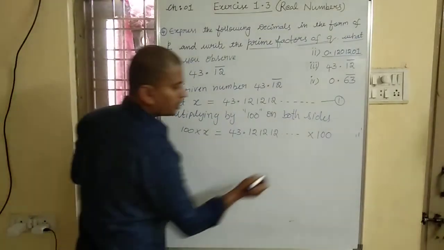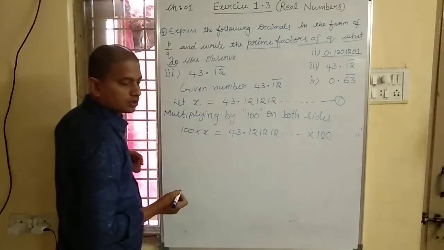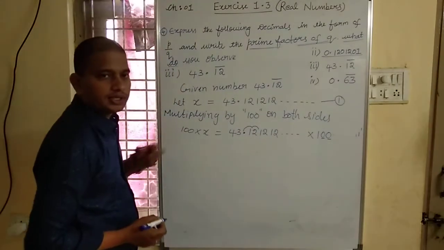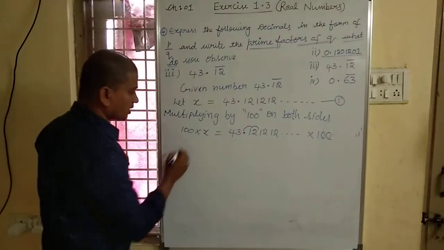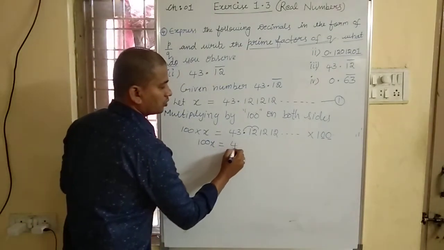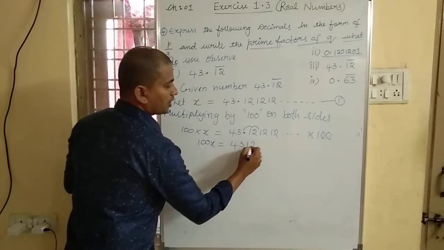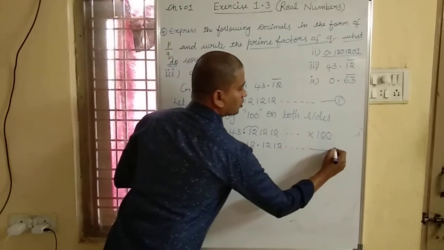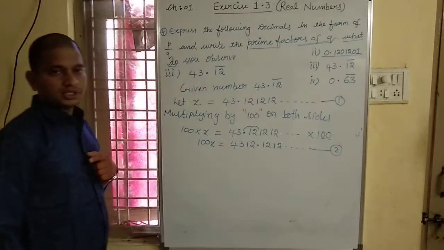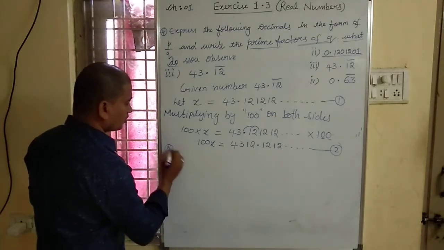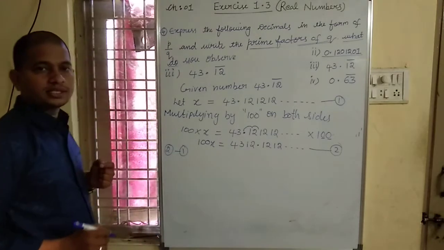Here we have 2 zeros, so the decimal point shifts towards the right-hand side by 2 decimal places. 100x is equal to 4312.1212 and so on. This is our equation number 2. Now subtract 2 minus 1.